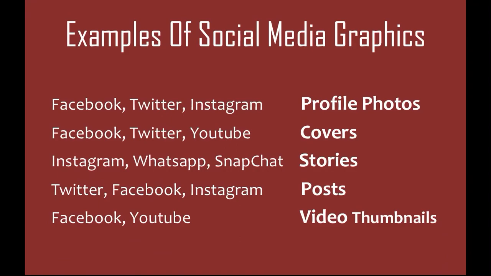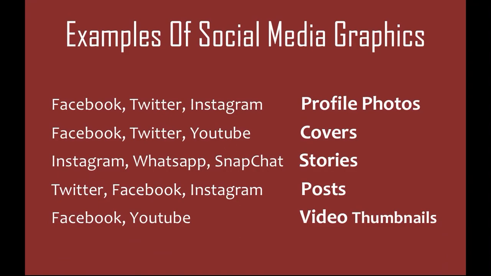So when you click on that, you'll get to know the content in the video. To represent the content available in the video on an image, that image is called a video thumbnail. Now these are examples of social media graphics. Remember these, okay? Facebook, Twitter, Instagram, YouTube, Snapchat. Now we have profile photos, covers, stories, posts, and video thumbnails.